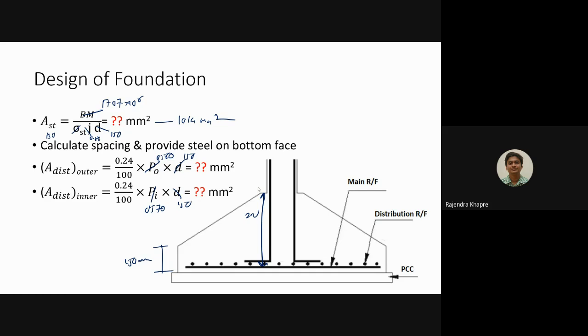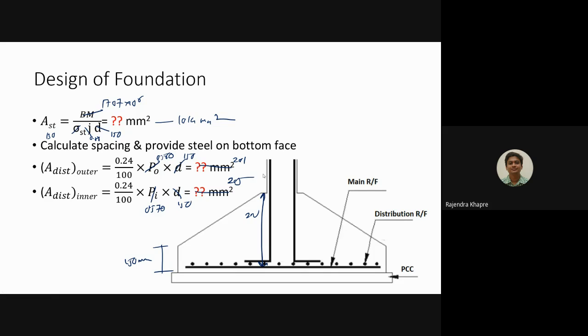Outer inner distribution steel, 201, and inner is slightly more, 205. Okay, so it is not that much.